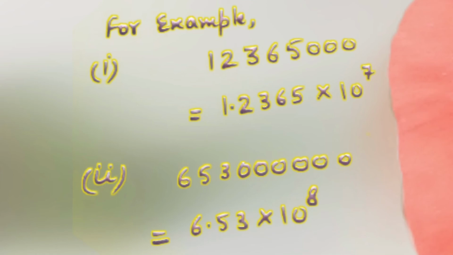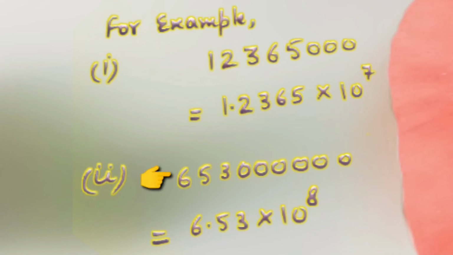Then count the places, the number of digits after the decimal: 1 2 3 4 5 6 7. Total 7 digits are there, and write down only the non-zero numbers and multiply with 10 raised to power 7. Seven places are there after the decimal, so this power will be positive, 10 raised to power 7.